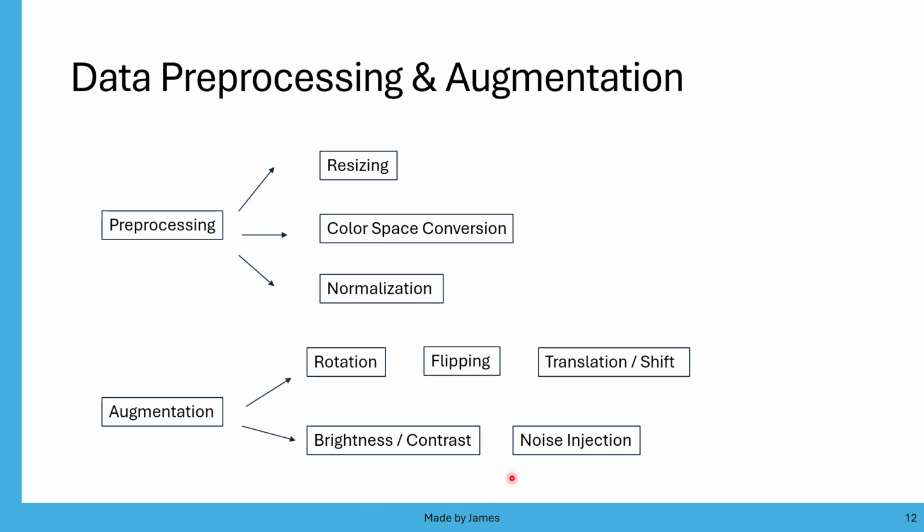And the light and shadow, like brightness or contrast and noise injections, can simulate various room lights and lens noise in reality.